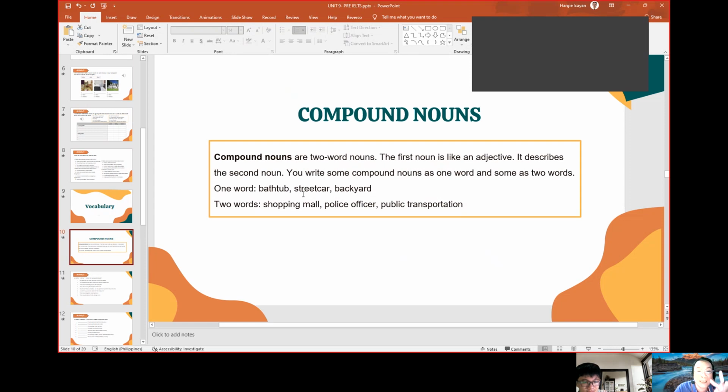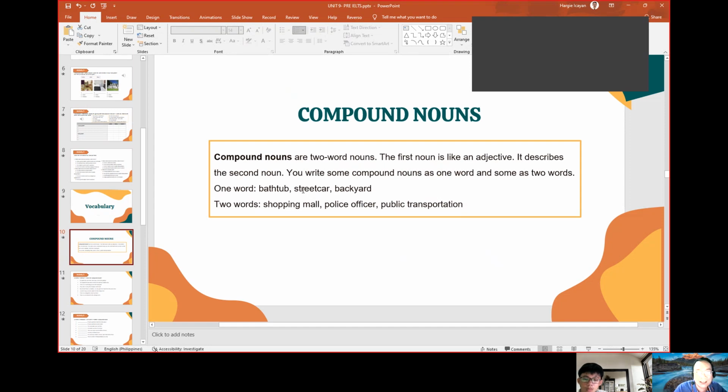Bathtub is composed of how many nouns? Bathtub is composed of two nouns, right? The first one acts as an adjective and the second one acts as a noun. What particular description does bath give of the tub? Therefore, we can say that the first noun there is an adjective that describes the second noun.